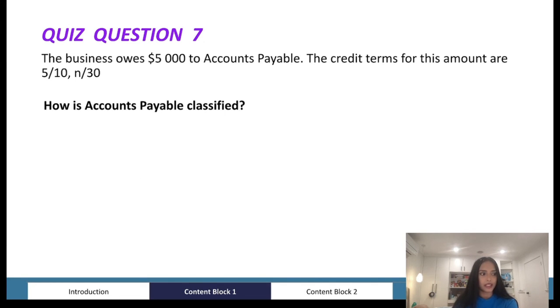Okay, next question. The business owes $5,000 to their accounts payable. How is accounts payable classified? I'll give you a minute.